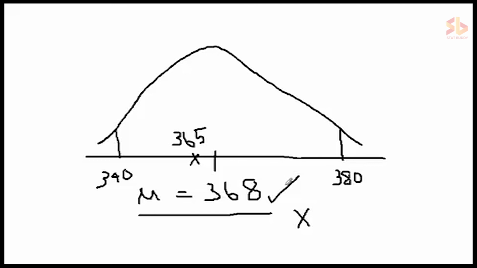So that is the sample value. We don't want it to be exactly equal to 368, but if it is within a sufficient distance from 368, we can consider that our H naught is true.